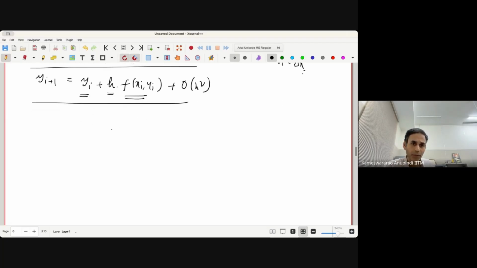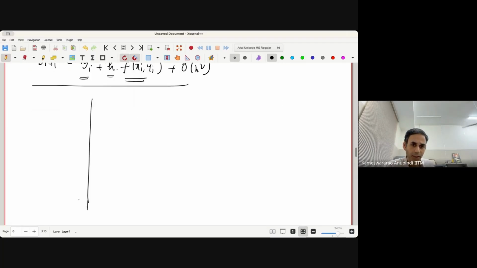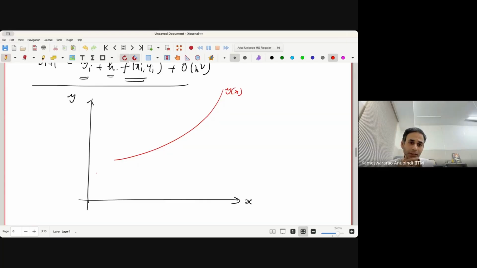If I draw this graphically, on the x-axis we have x, on the y-axis we have y, and then some function. This is my y as a function of x, which is what we are supposed to calculate. We start with some xi value, which has a yi value, specified as the initial condition. That's why this is an initial value problem.